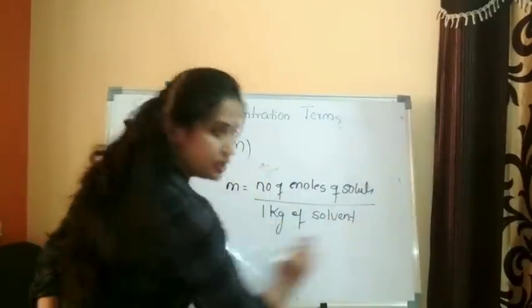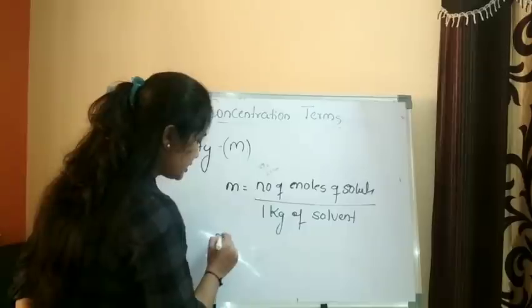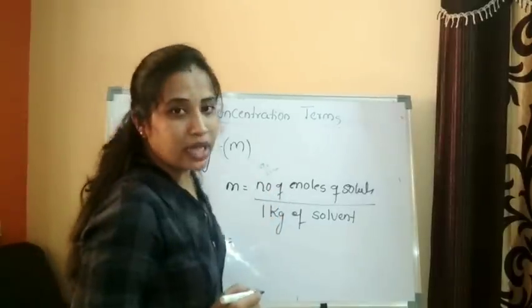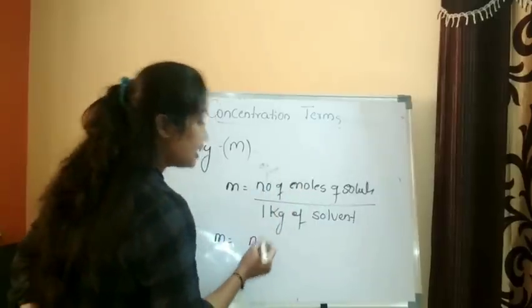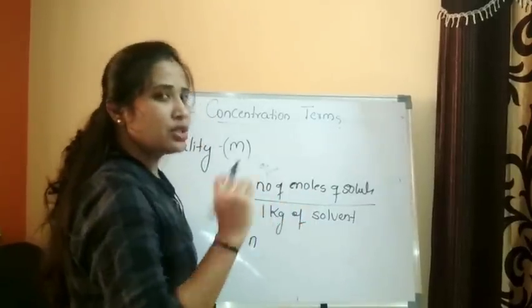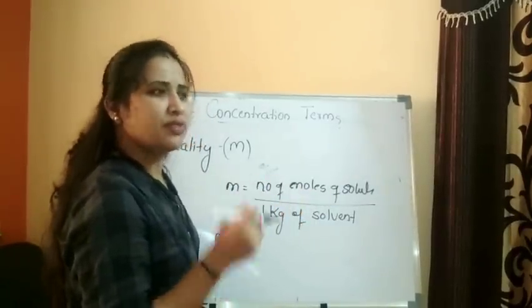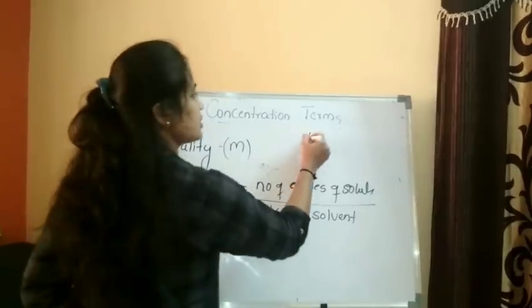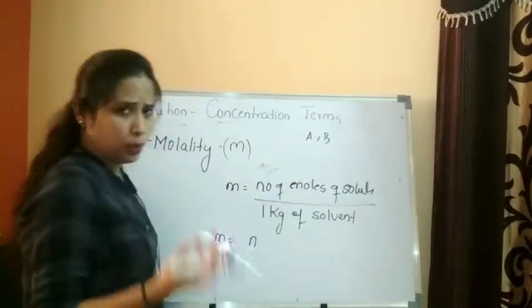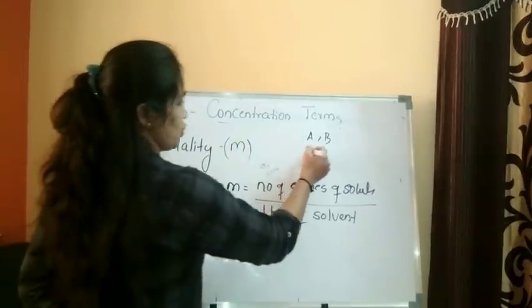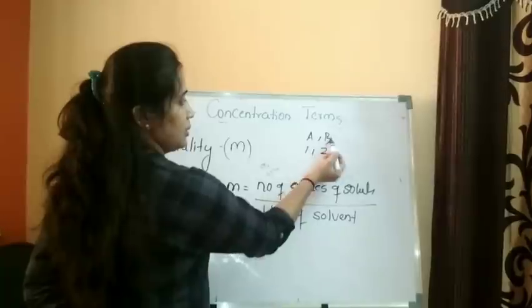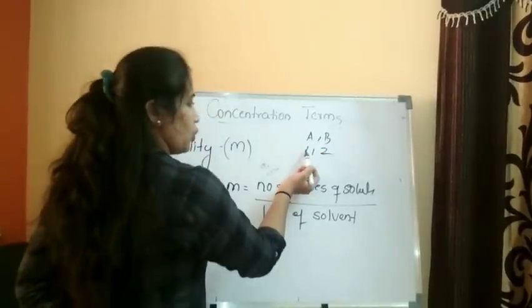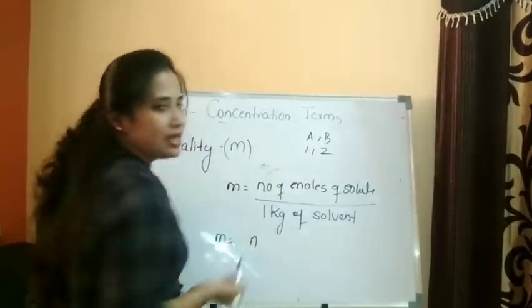So this is a standard value. The number of moles of the solute can be represented as n. To differentiate the solute and the solvent, we can use letters A and B, or 1 and 2. I always consider A as the solvent and B as the solute, or 1 as the solvent and 2 as the solute.